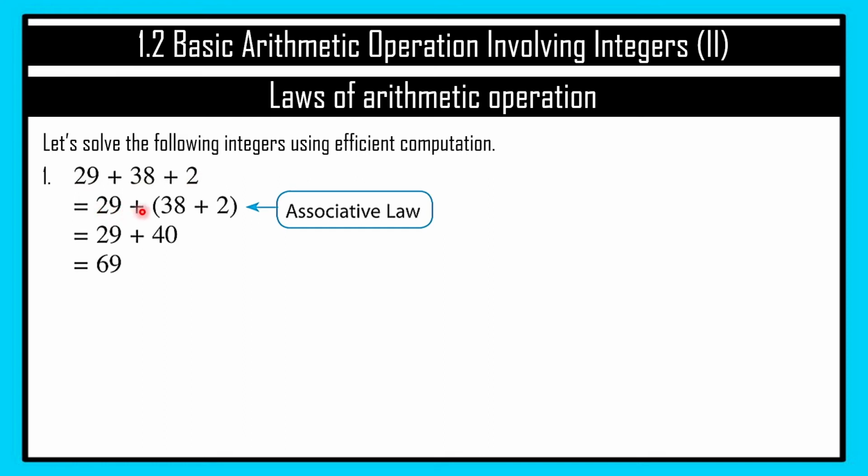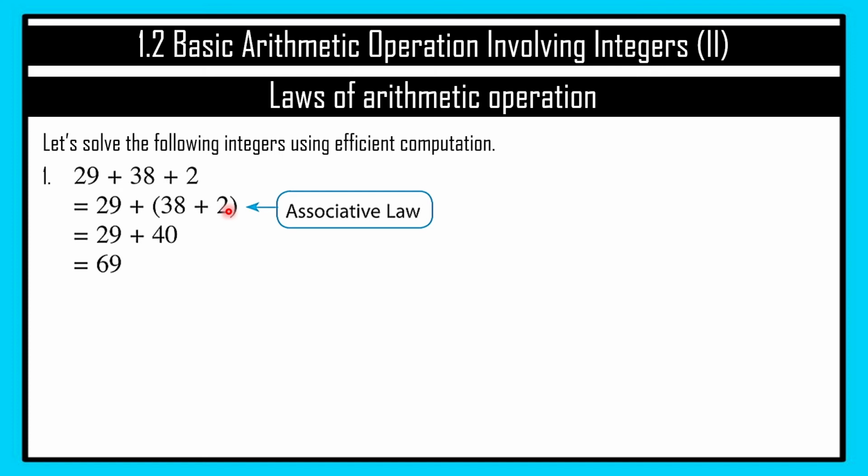So 29, the associative law says that additions obey the law. From this example, it is 38 plus 2. Now if you look carefully, you know that 8 plus 2 you get 10.